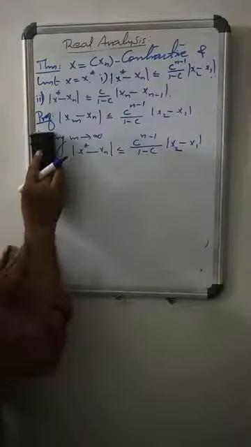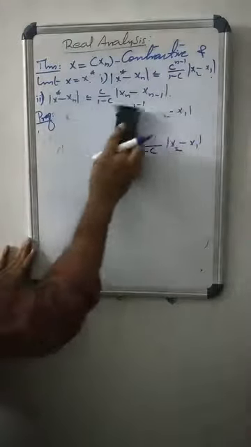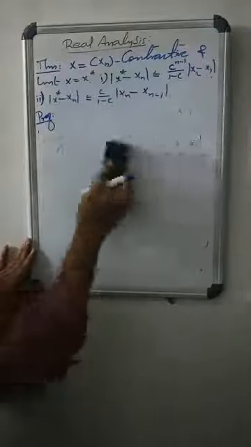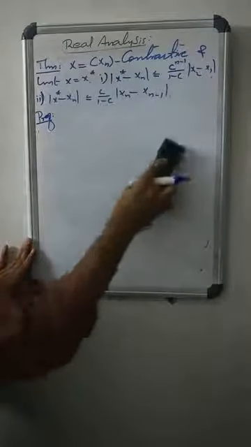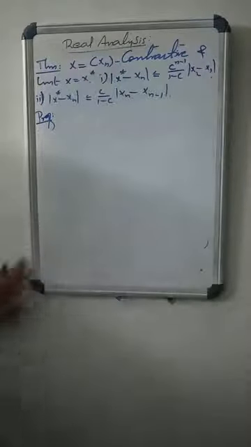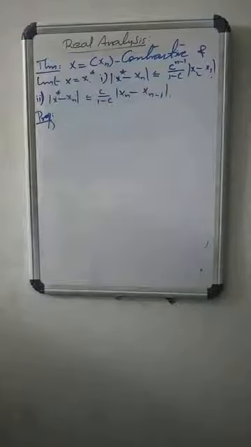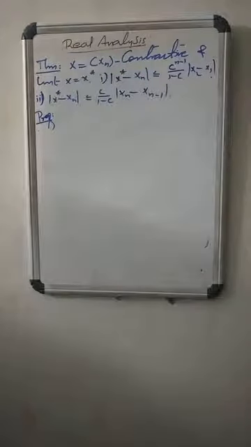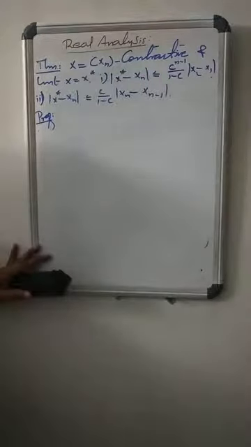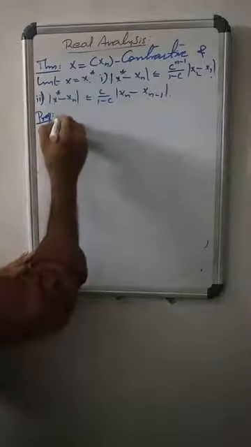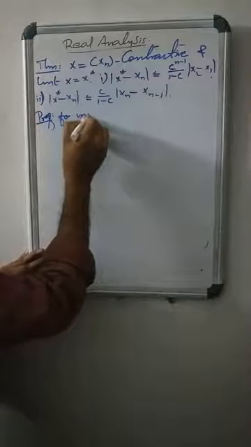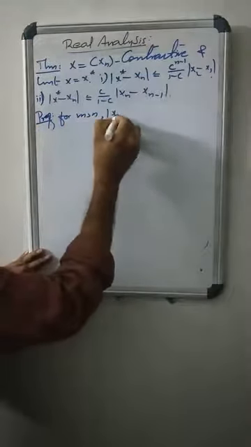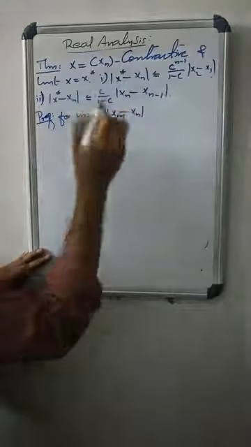Modulus of x star minus xn less than or equal to c by 1 minus c into modulus of xn minus xn minus 1. How? That also follows from the previous proof. How? You can consider for m greater than n, what about the modulus of xm minus xn here?